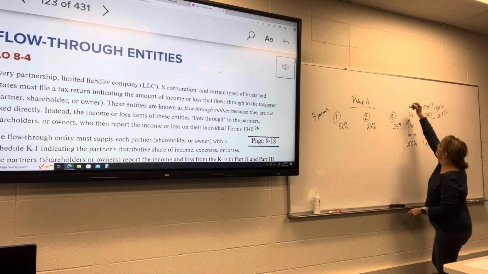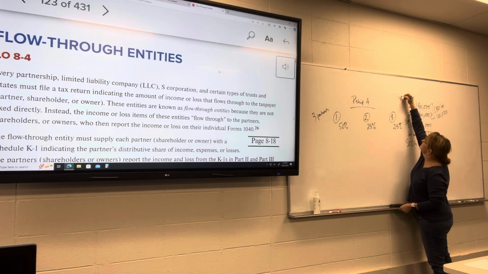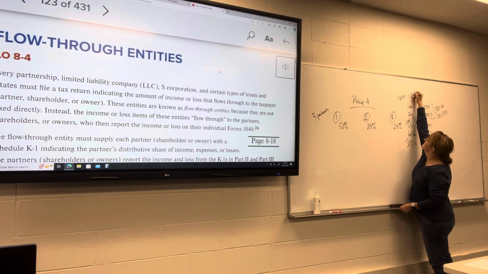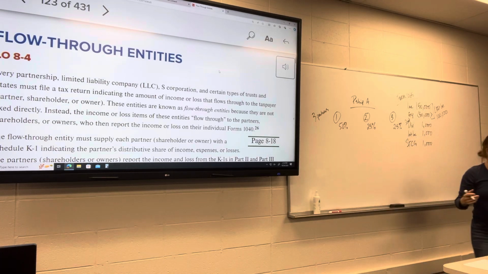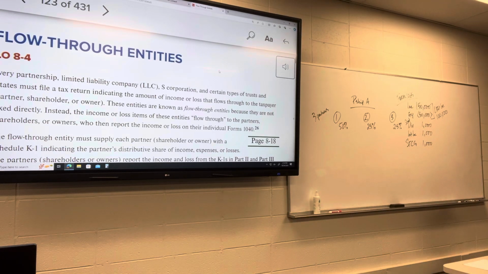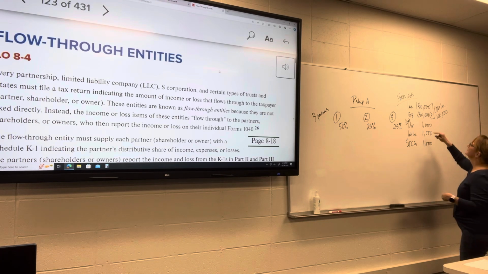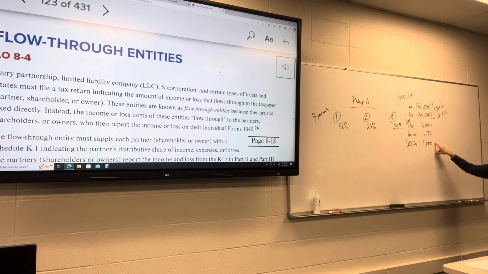Partnerships file a Form 1065. Individuals file a 1040, partnerships file a Form 1065. All of these items, so when the partnership is doing its tax return, it's calculating all of this. And it's filing its Form 1065, but it's not gonna pay tax on any of it.